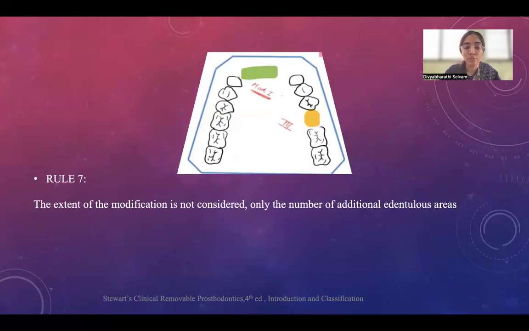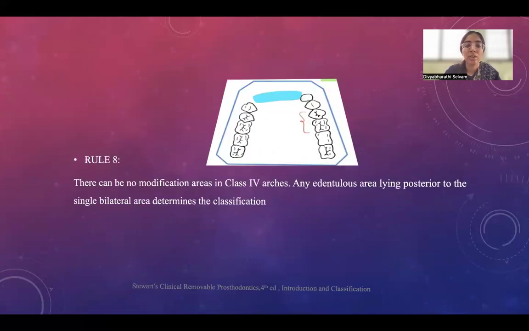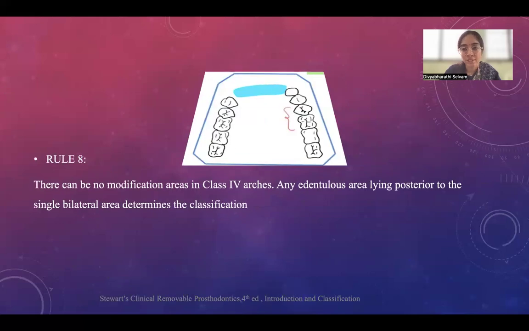Rule 7: the extent of modification is not considered. Only the number of additional edentulous areas is considered. Rule 8: there can be no modification area for class 4 arches. Any edentulous area lying posterior to a single bilateral area anteriorly will determine the classification.